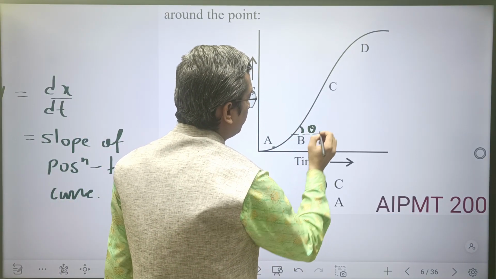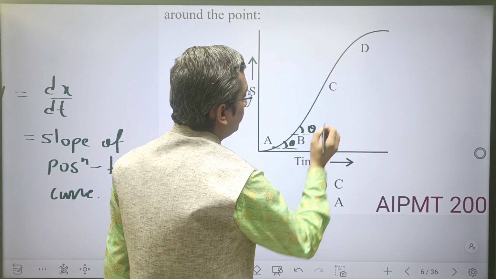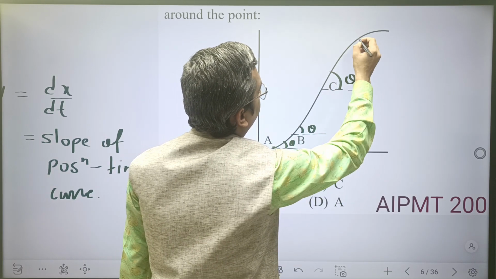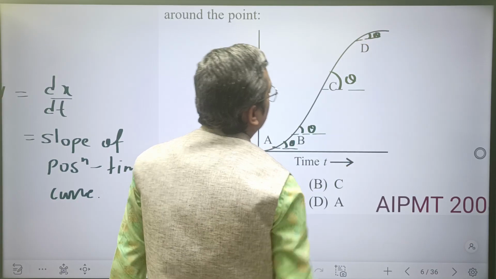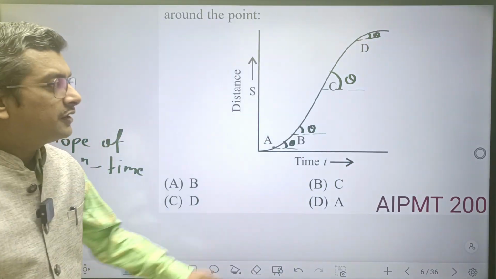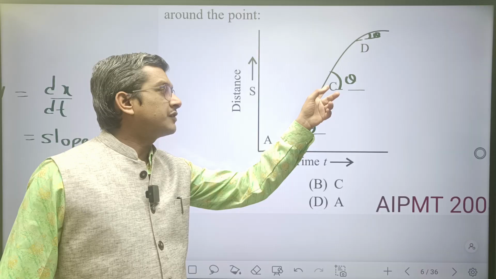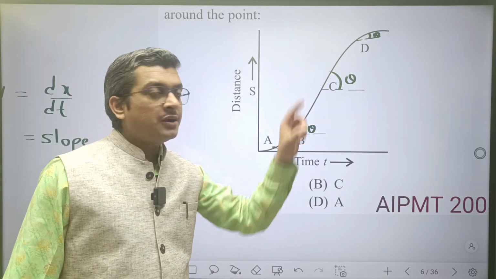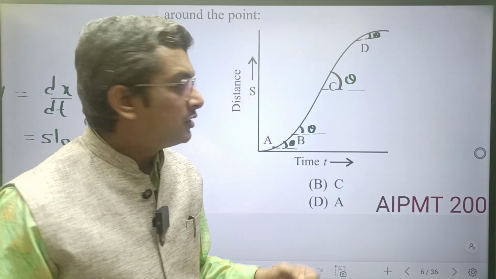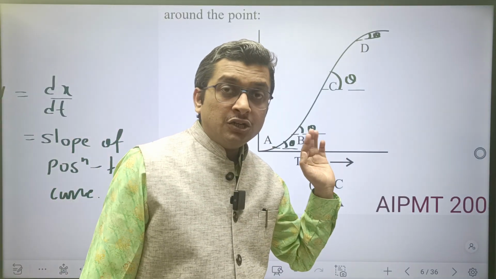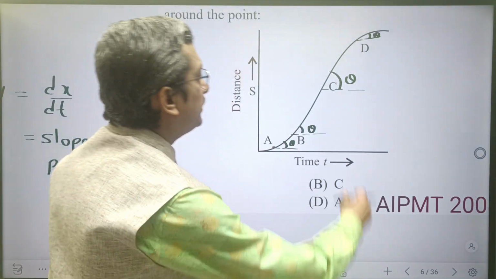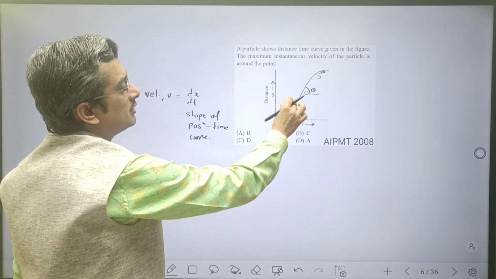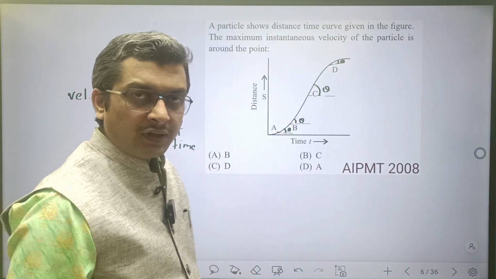So here it is theta, here it is theta, here it is theta, and here. So you can easily understand that the value of theta is maximum at point C. It means that tan theta is maximum at point C, and tan theta is nothing but the slope of this curve. So slope is maximum at point C, therefore velocity is maximum at point C, isn't it?